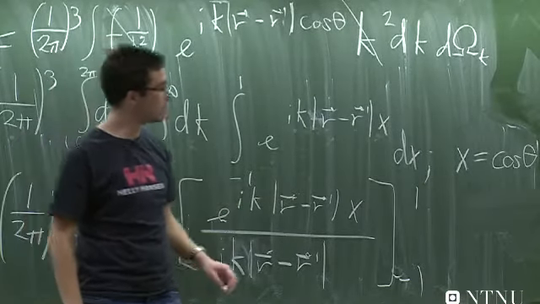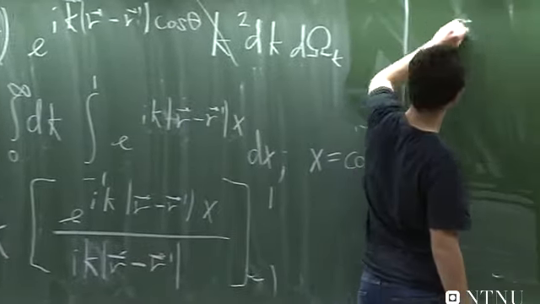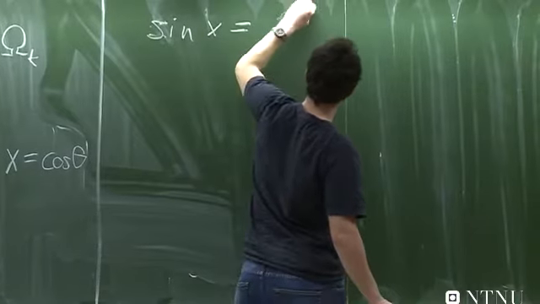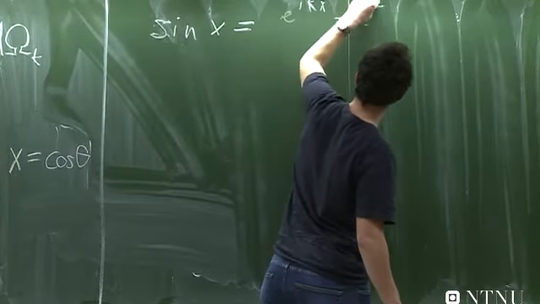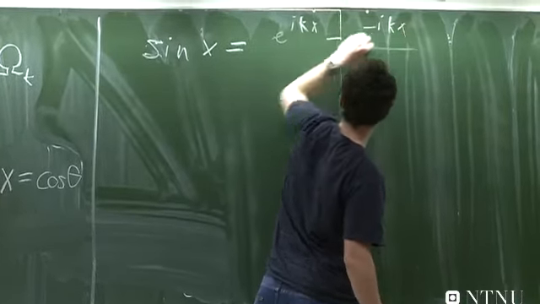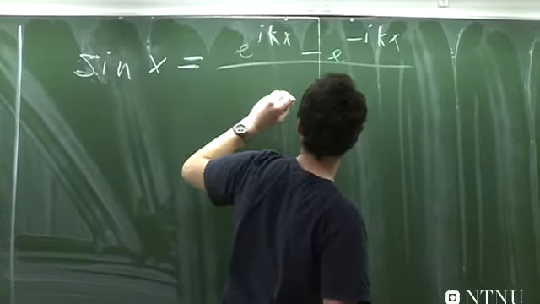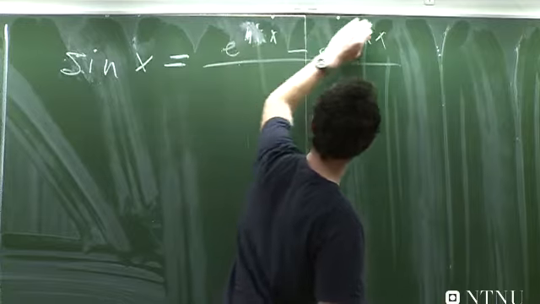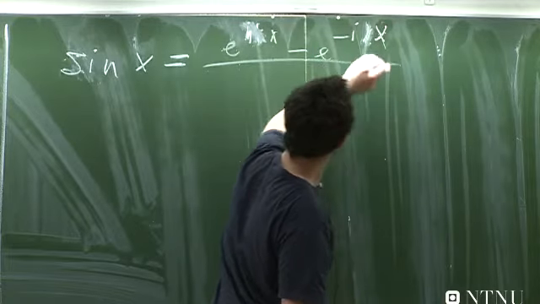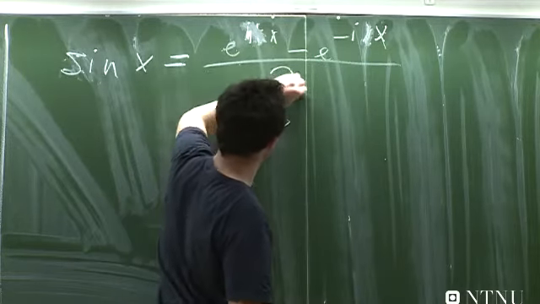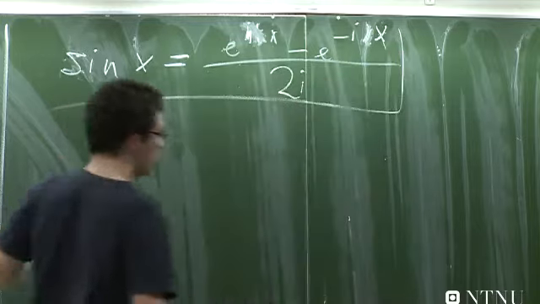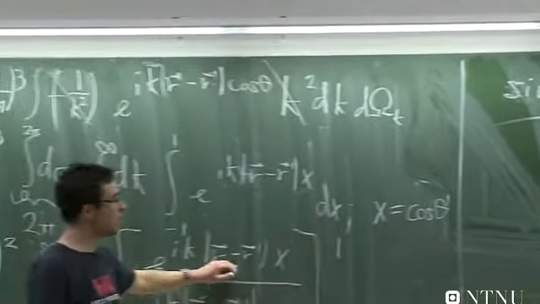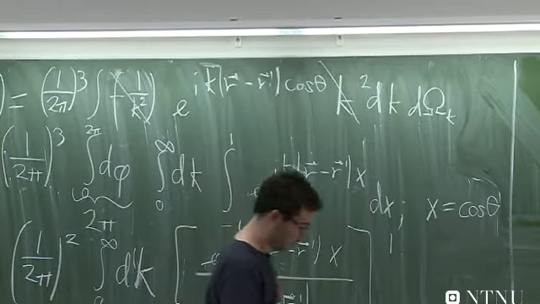Because the sine of x is equal to e to ikx minus e to minus ikx over 2i. You know this from before, right? So this becomes sine of something over something.